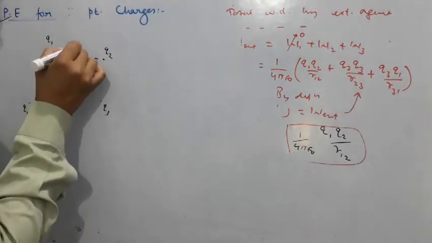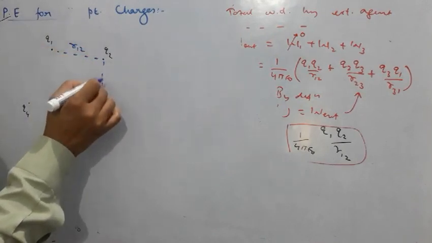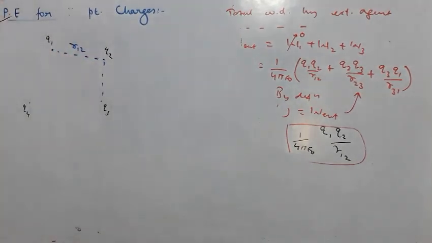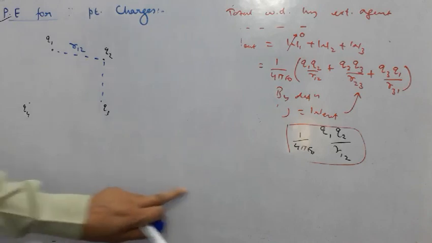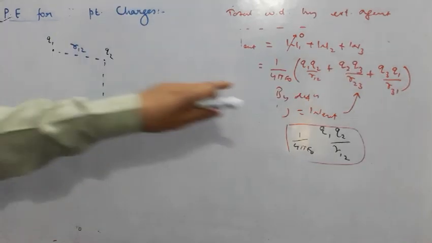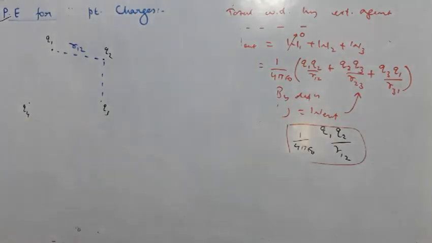This is R12. Can you tell me how many terms will be there? For 2 charges we wrote 1 term, for 3 charges we wrote 3 terms, for 4 point charges how many terms should be there?